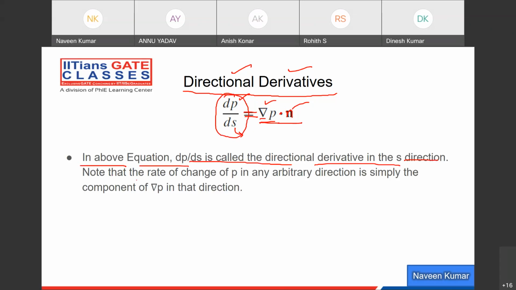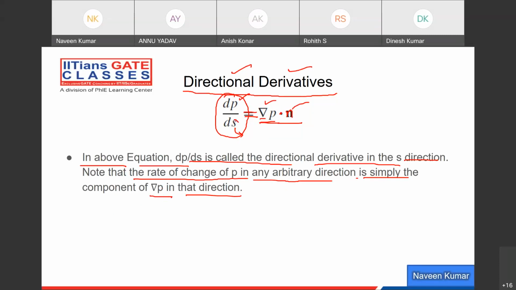Note that the rate of change of p in any arbitrary direction is simply the component of del p in that direction. You understood this part, right? For the directional derivative, we can take any arbitrary direction.